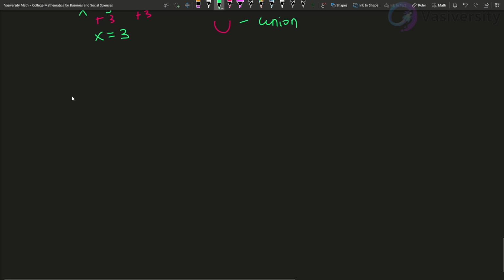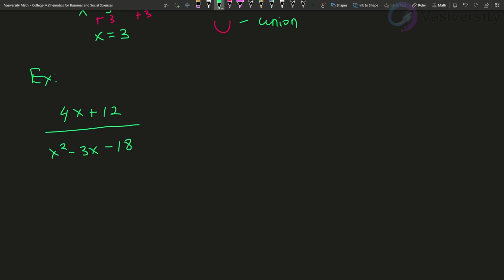If we have 4x plus 12 over x squared minus 3x, right, we want to simplify. So how do we do that?